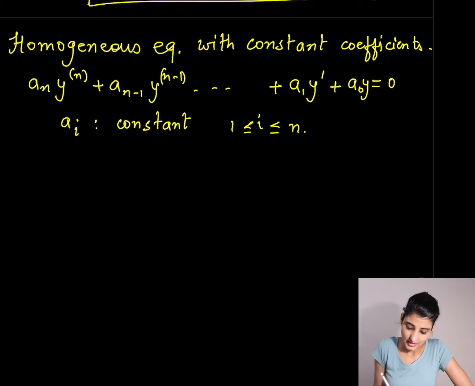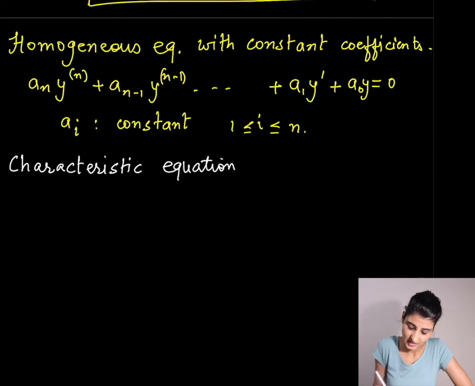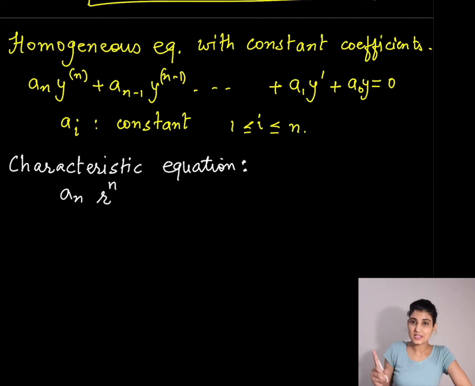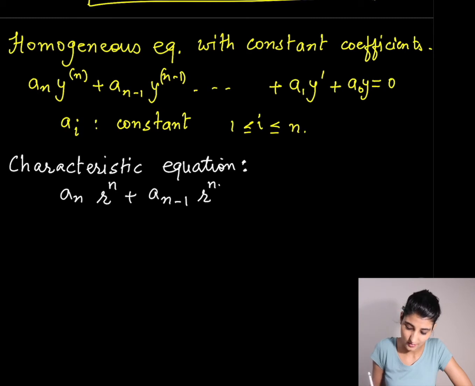The characteristic equation is going to be an r power n, replacing the nth derivative by r power n, plus an minus 1 r power n minus 1, and so on, plus a1r plus a naught equal to 0.